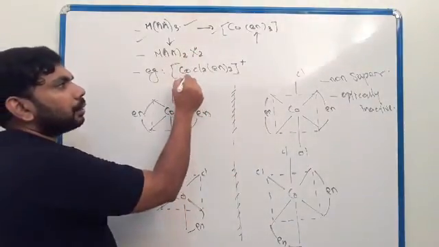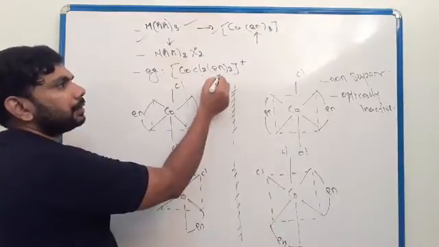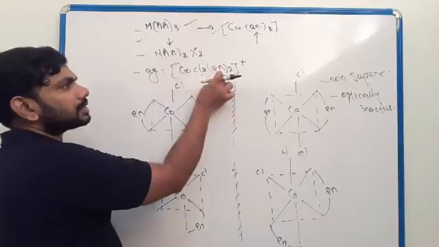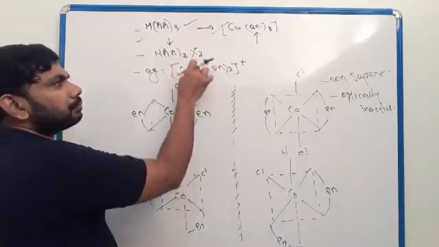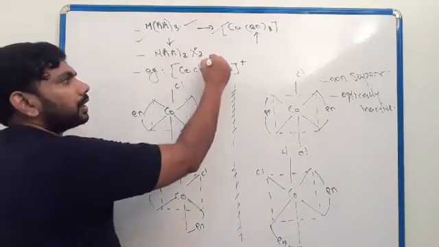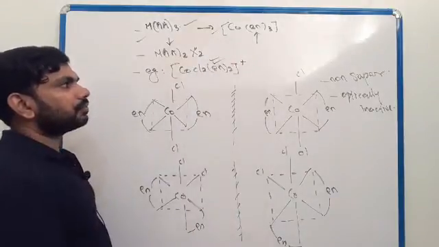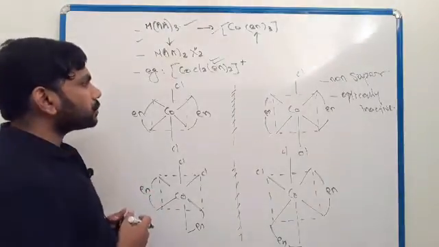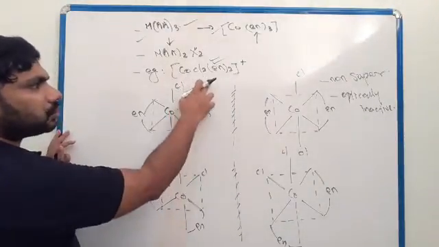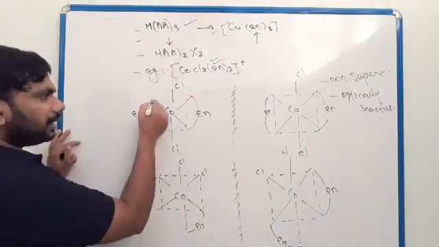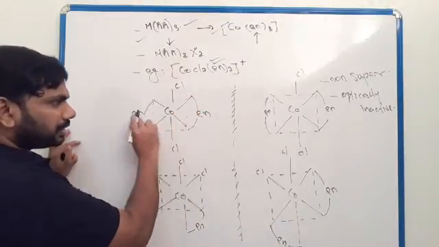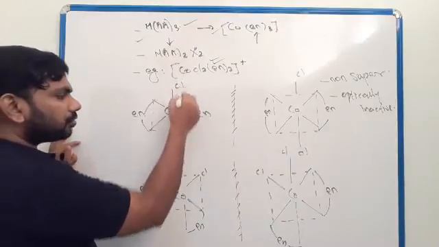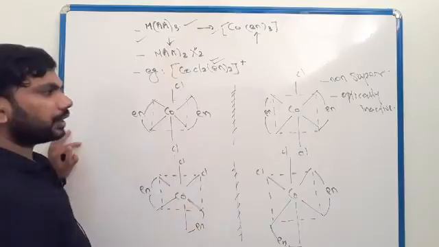Example, see here, cobalt Cl2 ethylene diamine twice. Ethylene diamine is a bidentate ligand repeating twice, and X2 means the same type of ligand, Cl2. Look here, ethylene diamine twice, on the left side and right hand side, and above the plane and below the plane, 2 chlorine atoms.